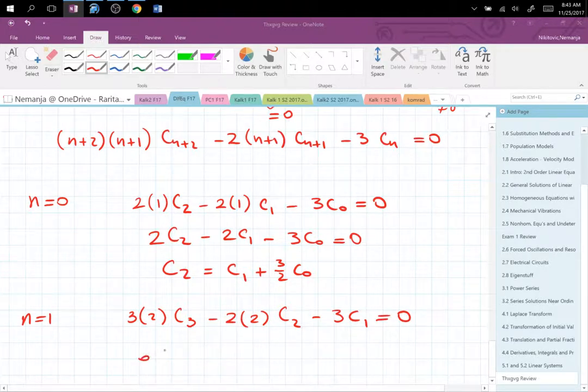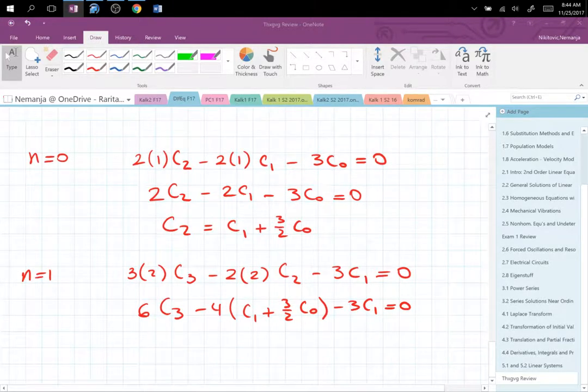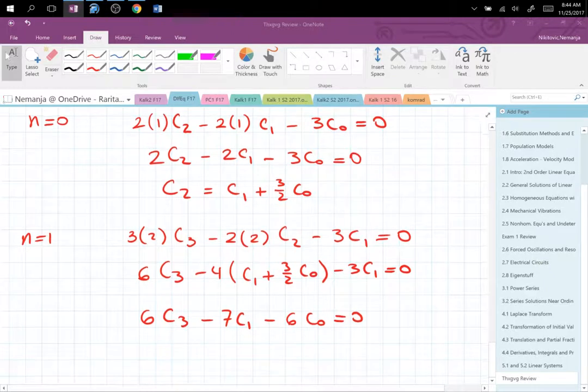So this is 6c3 minus 4 times, and c2 is c1 plus 3 halves c0, minus 3c1 equal to 0. And now simplify this. So we have 6c3 minus 4c1 and minus 3c1, minus 7c1, and then minus 6c0 equal to 0.